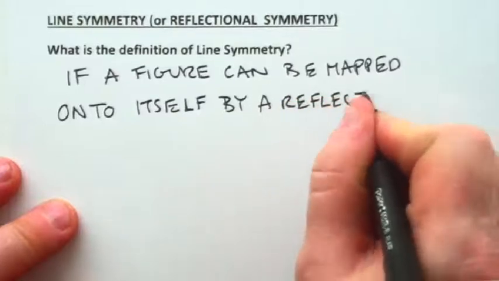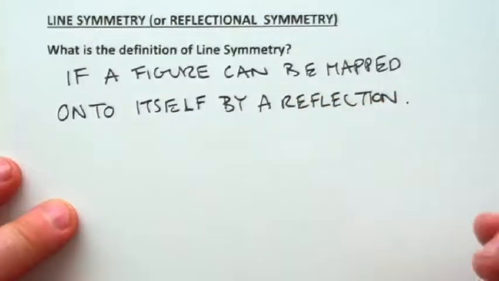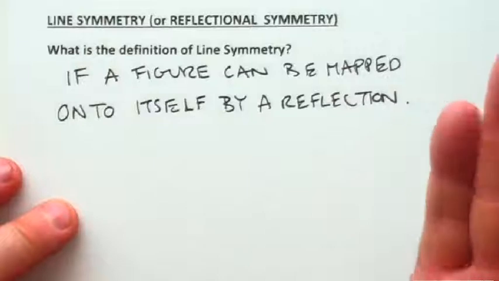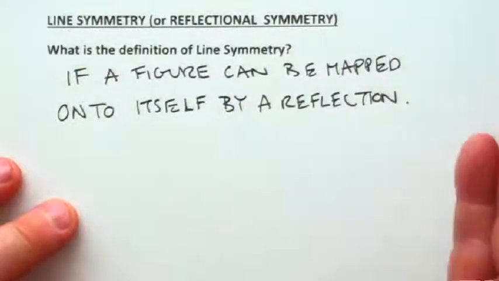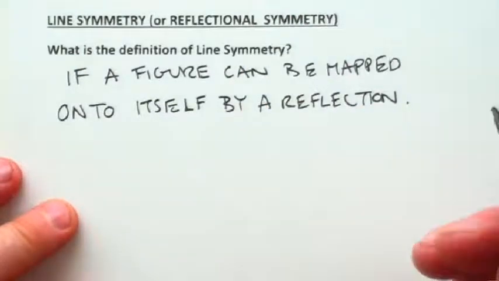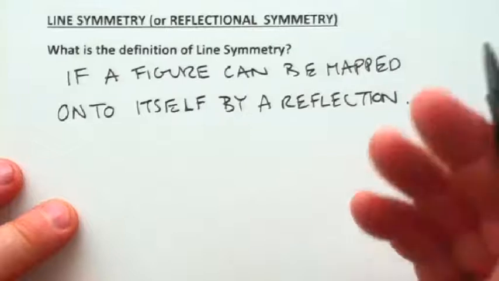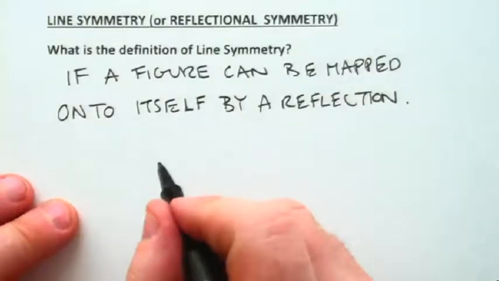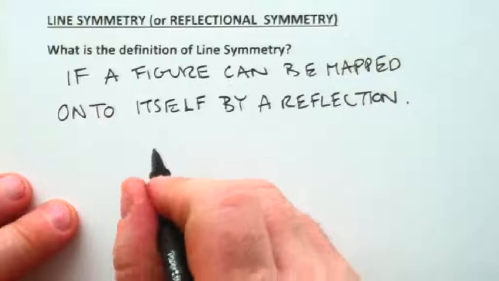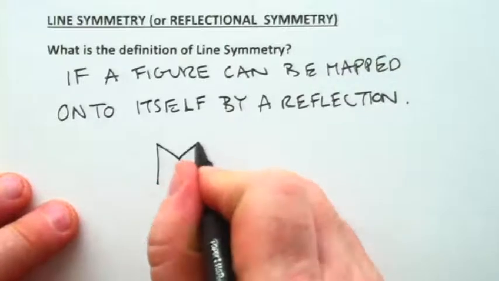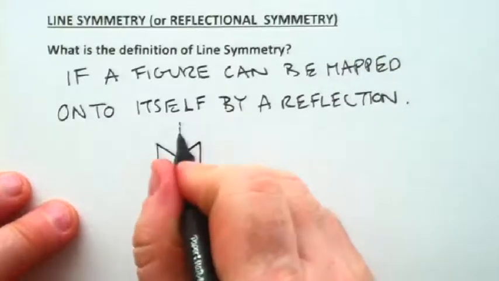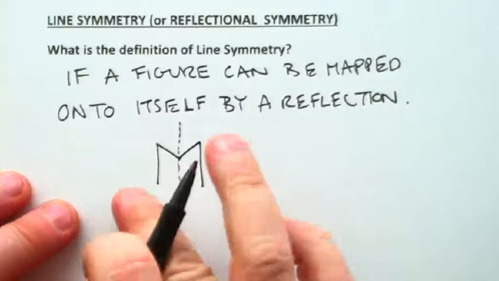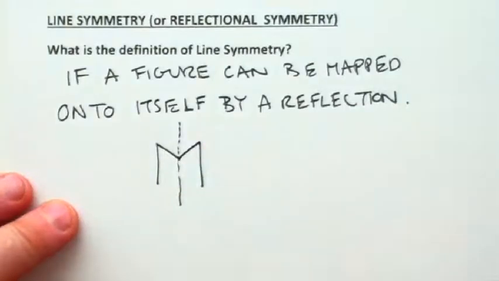Very simple idea: if there is a reflection such that it would map it onto itself, this is known as reflectional or line symmetry. And again, that comes in lots of different forms. The letter M, for instance, has line symmetry because there's a reflection that maps it onto itself.